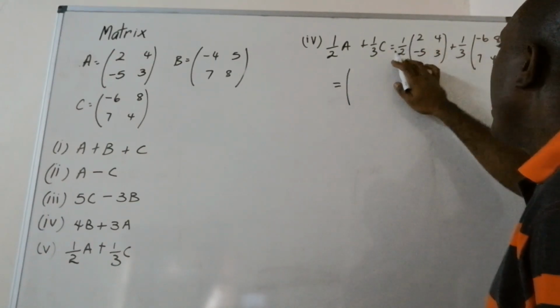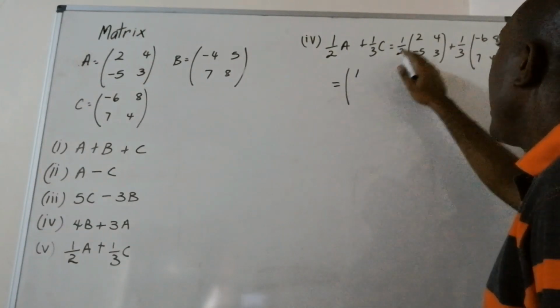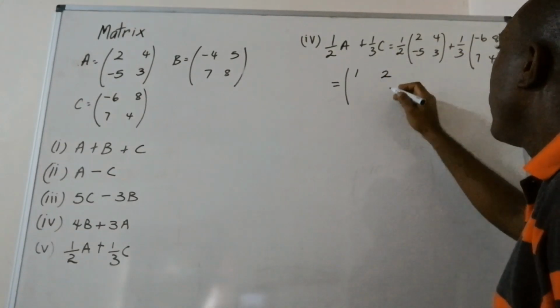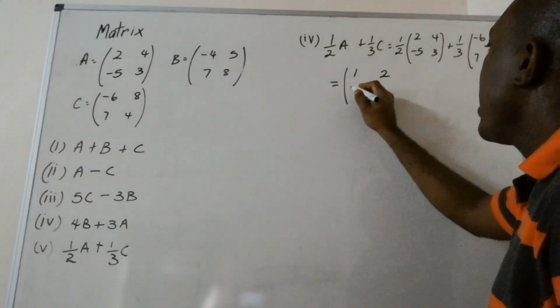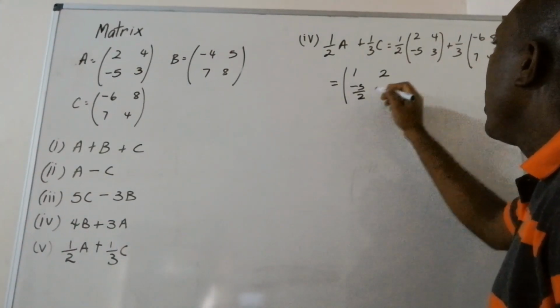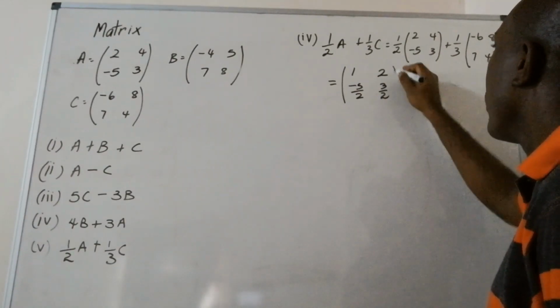Alright, so what we will have? Half of 2 will give us 1. Half of 4 will give us 2. Half of minus 5 will give us minus 5 over 2. And half of 3 will give us 3 over 2.